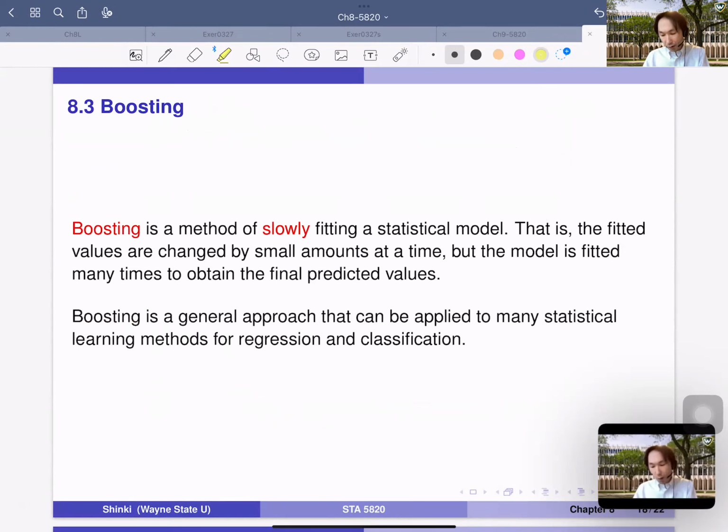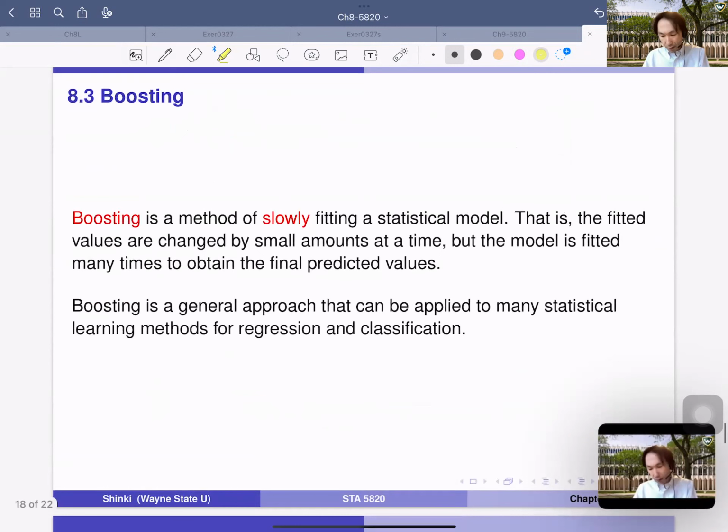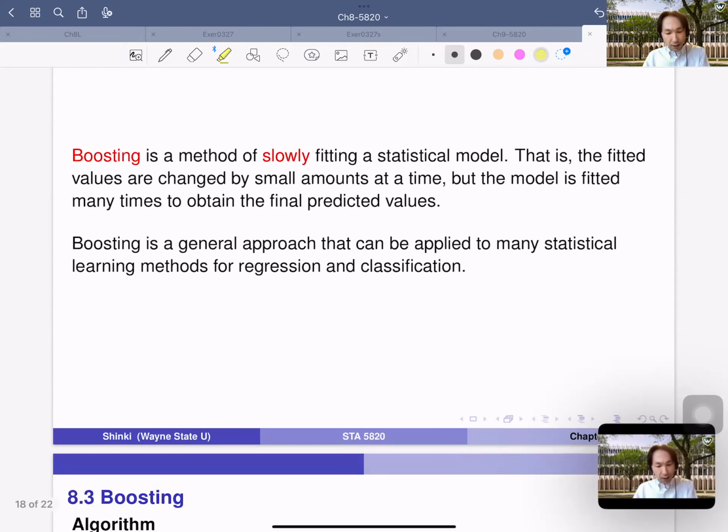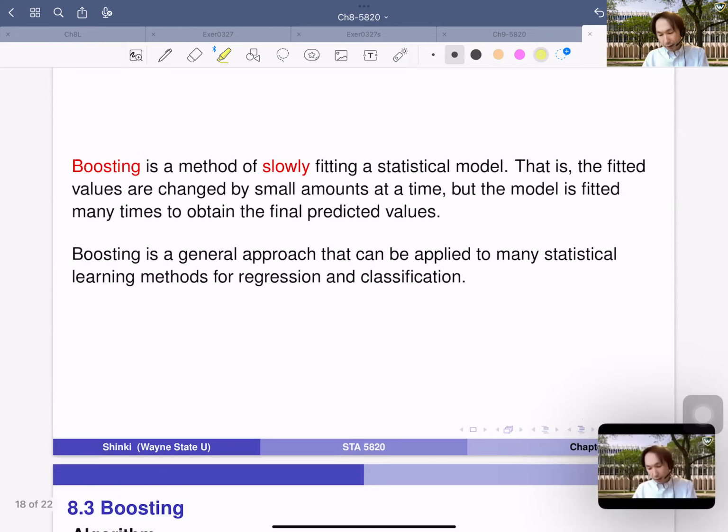Actually, this is a more general technique to improve prediction model performance. Here, of course, we are doing the tree-based methods, so we apply boosting to tree-based methods. The idea of boosting is slowly fitting a statistical model.